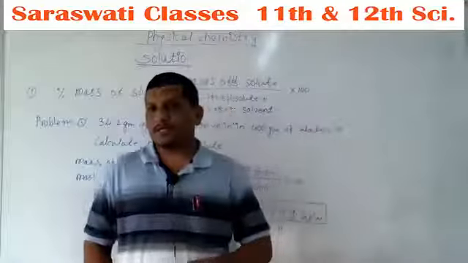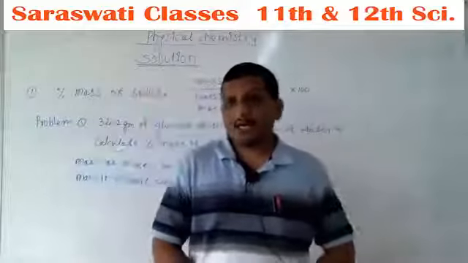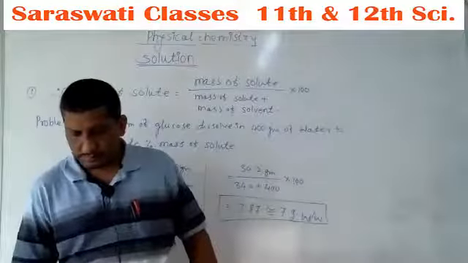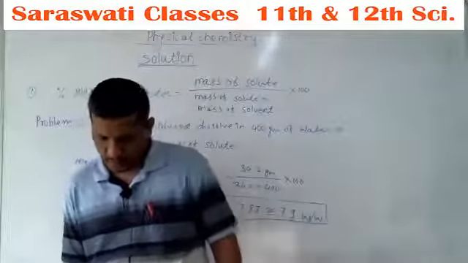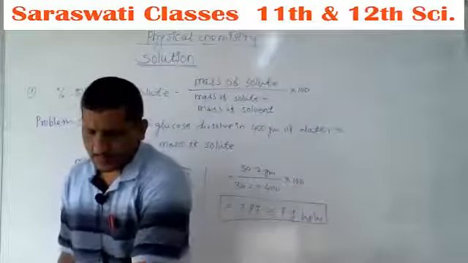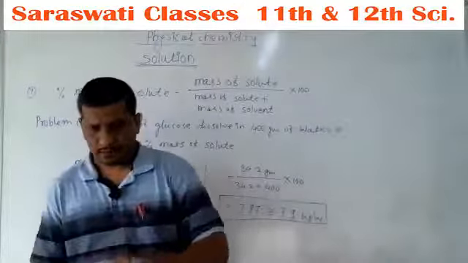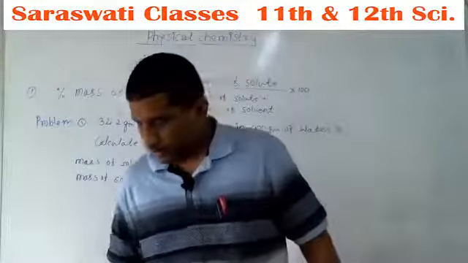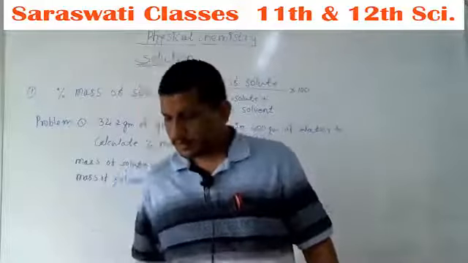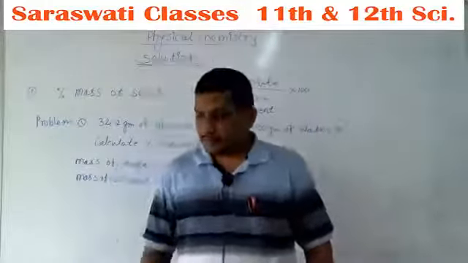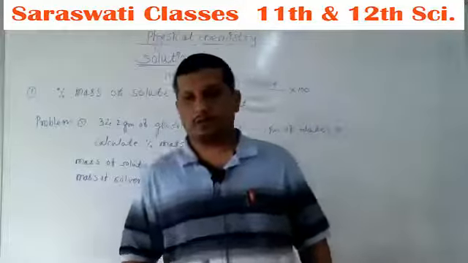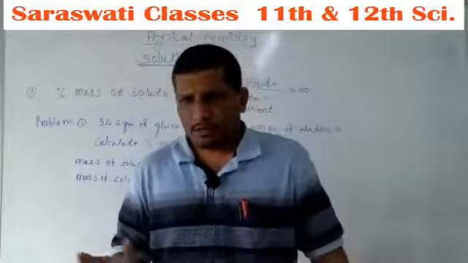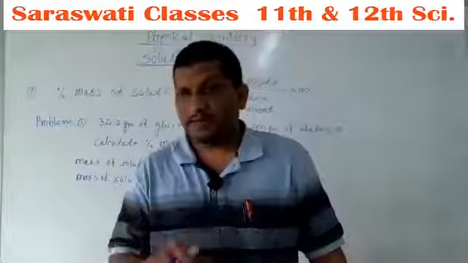And another point is percentage of solute can be calculated by volume, V by V. Another example is here, but you can try it after the end of our class. 10 gram of urea dissolved in 500 gram of water, and calculate the percentage mass weight by weight.